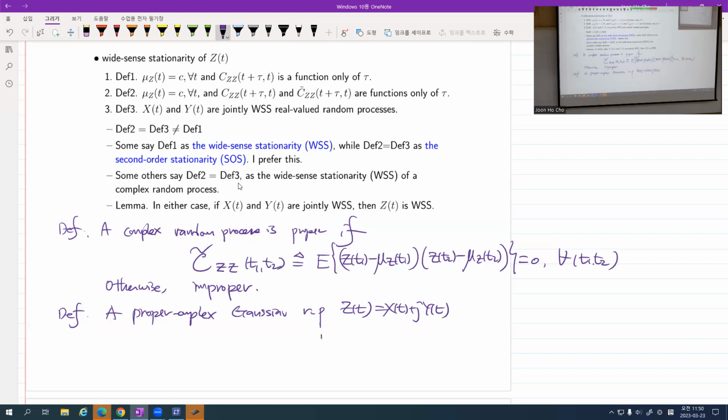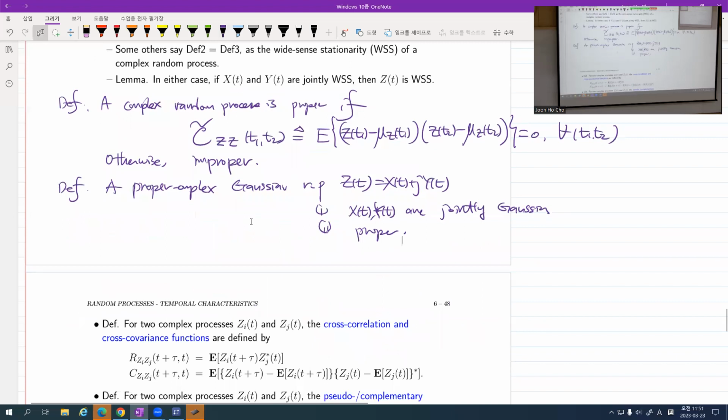So first, x(t) and y(t) are jointly Gaussian, and 2, proper. And we will see more about this later, okay? Not right now. At this moment, I'm going to introduce you to a lot of definitions only, not the consequences yet.